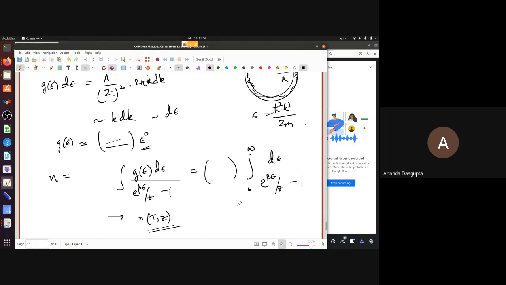Mu cannot exceed 0, so z cannot exceed 1, and so on. But your task is to figure out what you can say about Bose-Einstein condensation in 2 dimensions, working out this calculation. It's a straightforward calculation, and let me assure you that the integral really is very simple, much, much simpler than the integral that we had to do here.